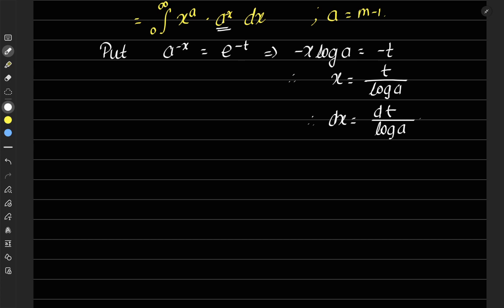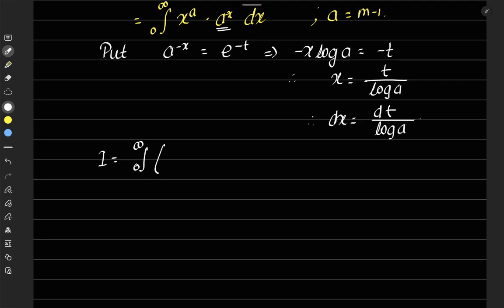So we'll definitely make sure that this a value is greater than 1, or log a value is greater than 0, so that we can take the log without changing the order of the integration. So we will have integral 0 to infinity. Note that in that case limits will be same, so check the limits for yourself.